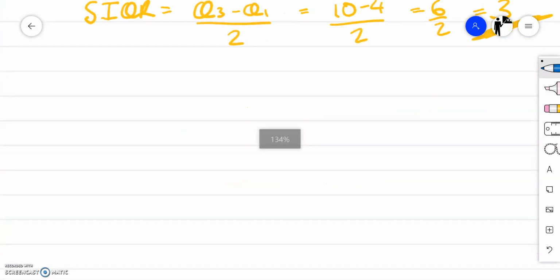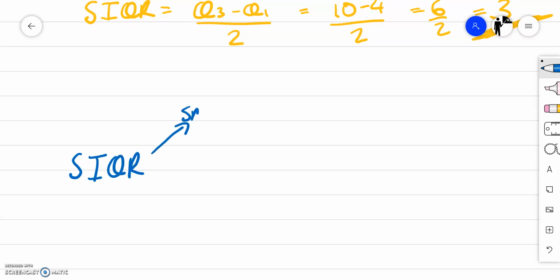If the semi-interquartile range is smaller, that would mean that the values are closer together, which would imply more consistency.